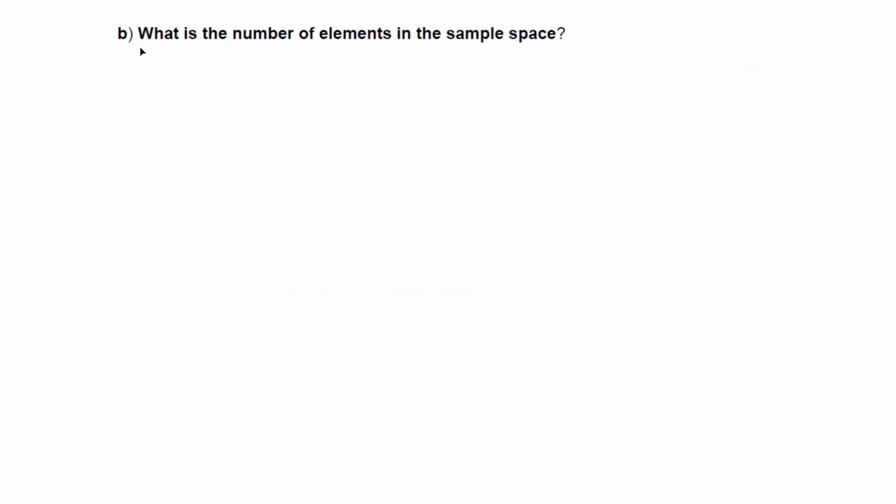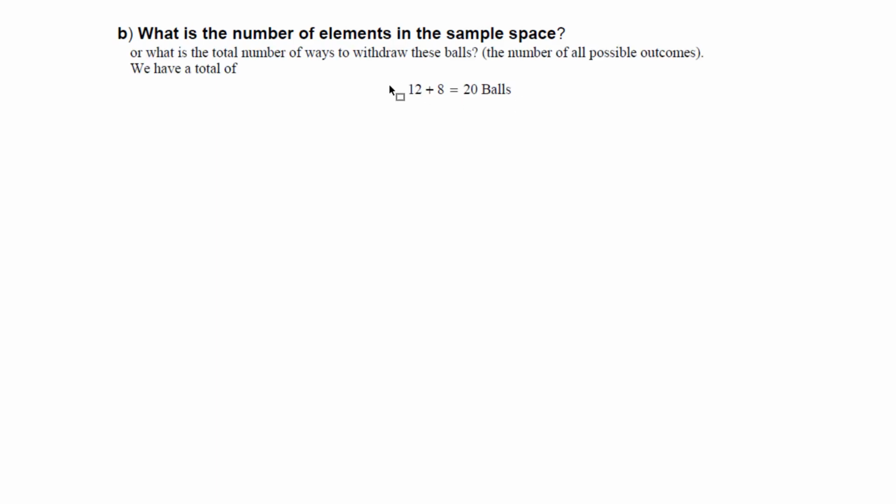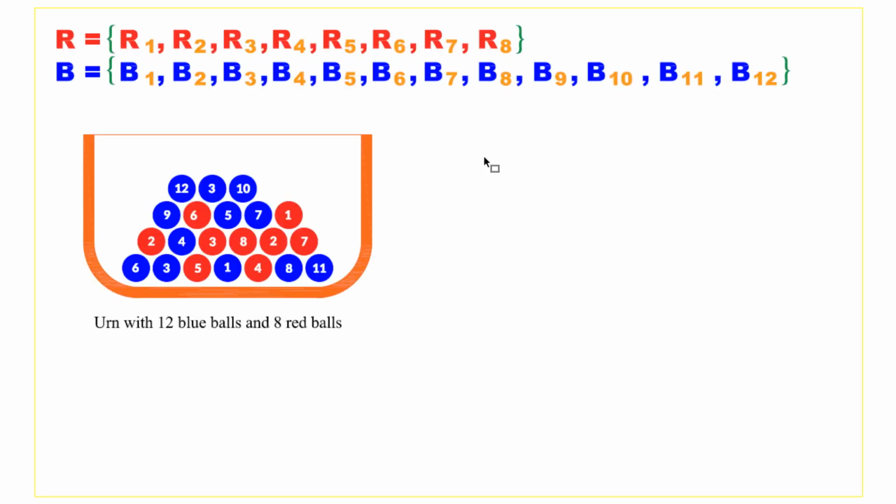Now the question is, what is the number of elements in the sample space? Before we know that, we have to know the total number of objects we are dealing with. We have 12 blue objects and 8 red. The sum is 20 objects. So let's have a look.